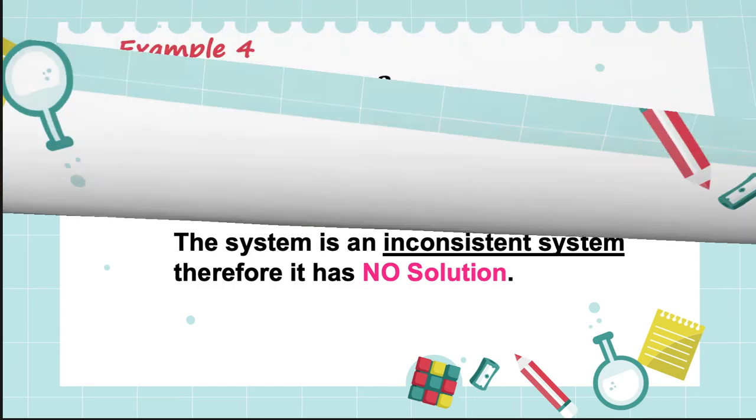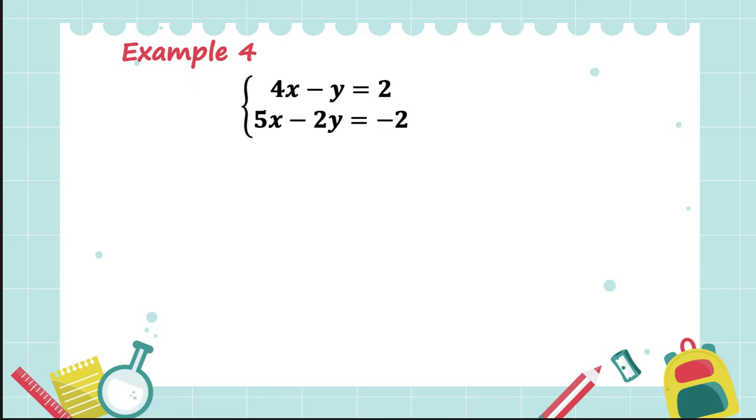Next, let us proceed to the fourth example, or my last example. So we have here 4x minus y equals 2 and 5x minus 2y equals negative 2. I will be expressing the first equation in terms of y.